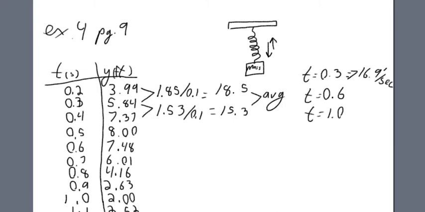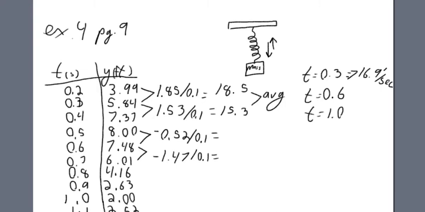Now I'm going to do the same thing at 0.6 and 1.0. So at 0.6, we're looking right here. So 7.48 minus 8, this time we're in the negatives, negative 0.52 at 0.1 seconds. 6.01 minus 7.48, I get negative 1.47, once again at 0.1 seconds.